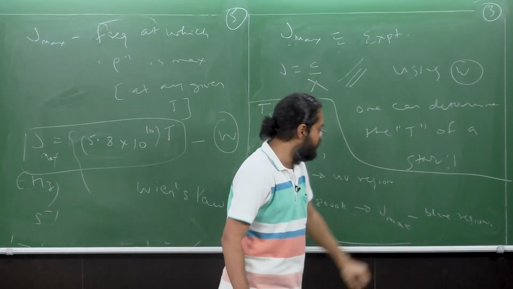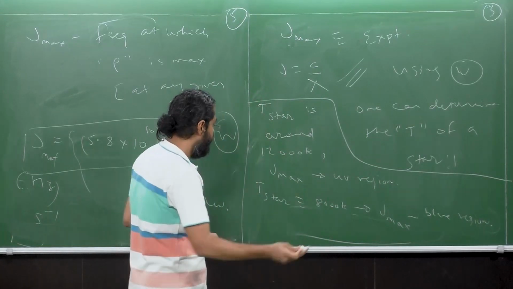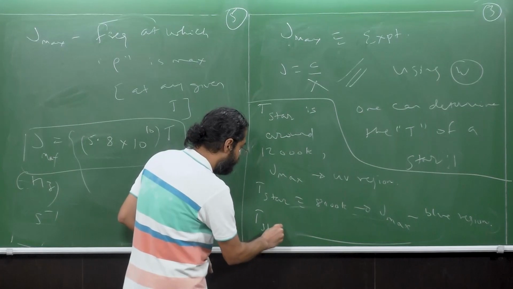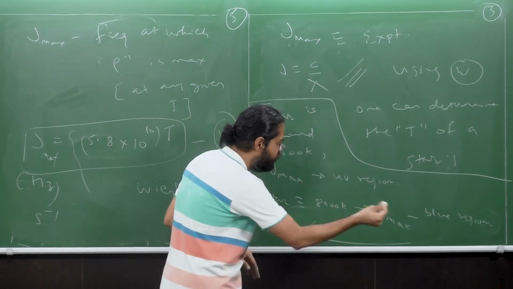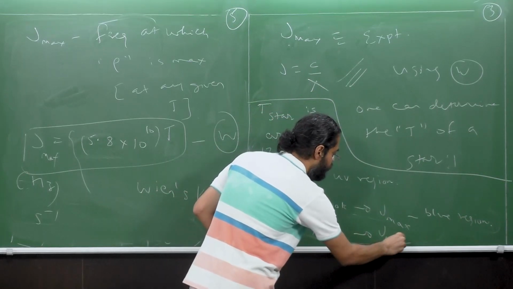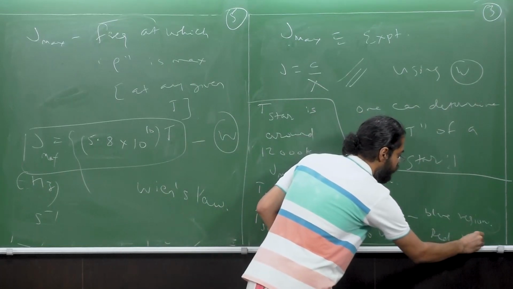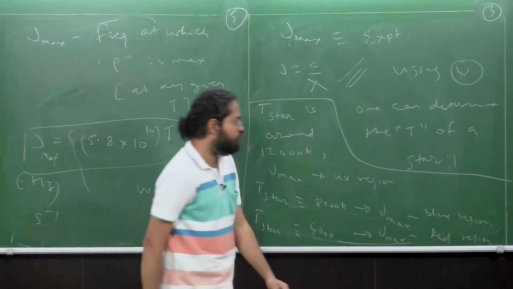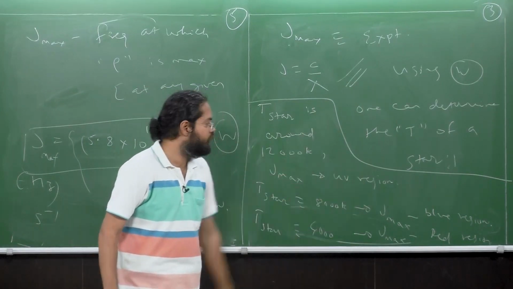So a blue star implies that its temperature is roughly around 8,000 Kelvin, and if the T star is around, let's say, 4,000 to sometimes even 6,000 Kelvin, the nu max happens to be in the red region, right?